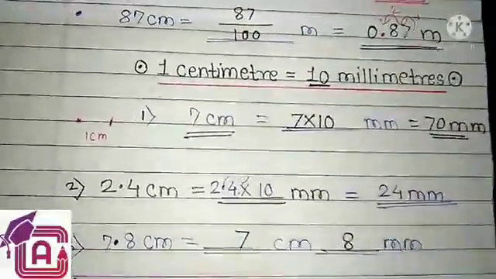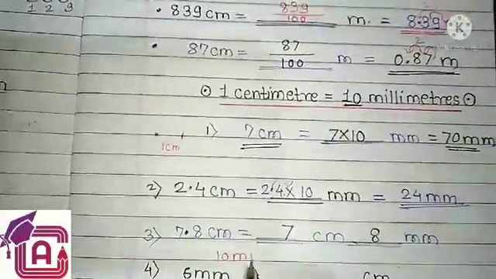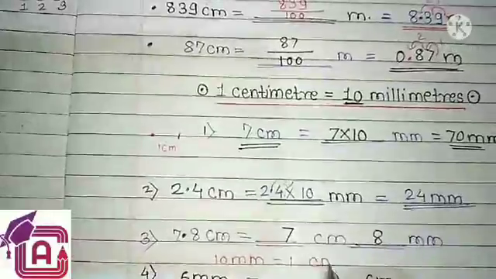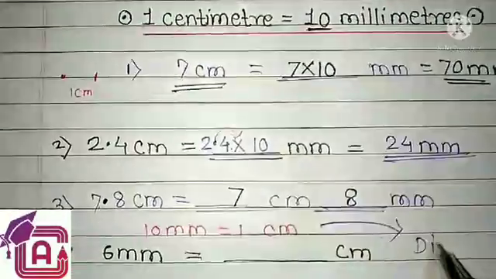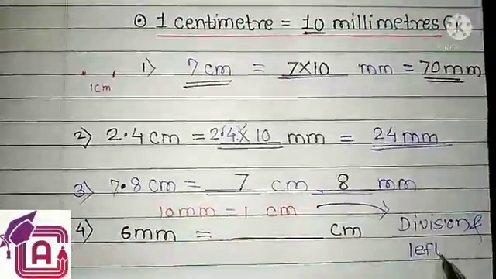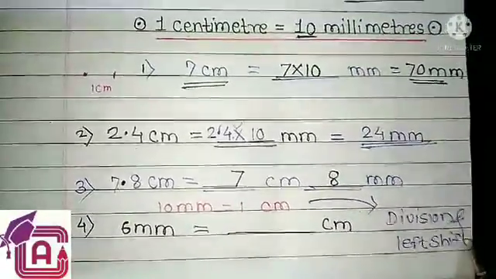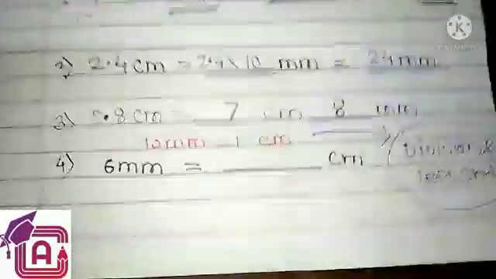That is asked in the question, and for that we know this is the opposite operation, that is 10 millimeter is equal to 1 centimeter, and here we are performing which operation? Division and left shift. Division and left shift. So let's begin.